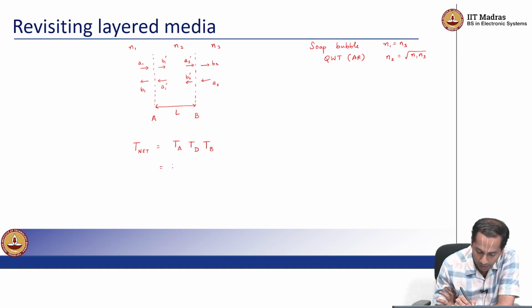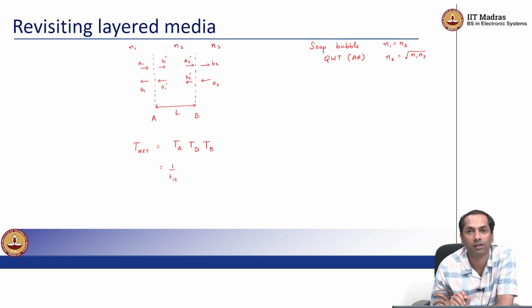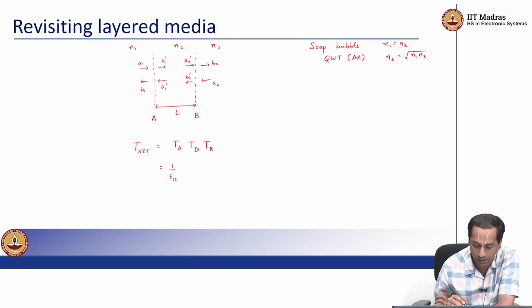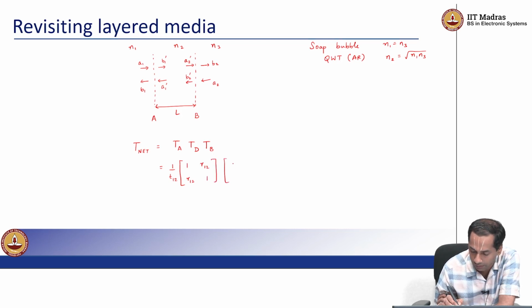So you can write this as 1 over T12, where T12 is the transmission going from 1 to 2, the T value that we estimated during the scattering matrix formalism, times the matrix [1 R12; R12 1], and then we have the T matrix for the delay.